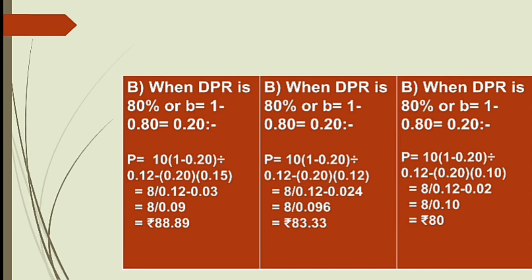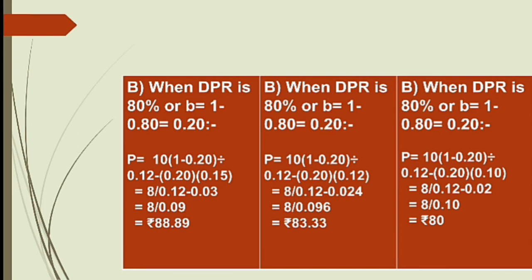So 8 divided by 0.09 gives the value of share when dividend payout ratio is 80% and R is 15%: rupees 88.89 per share.